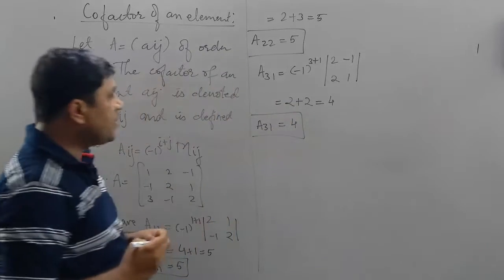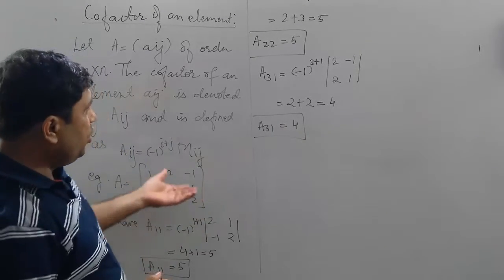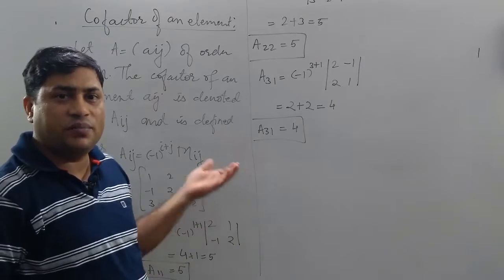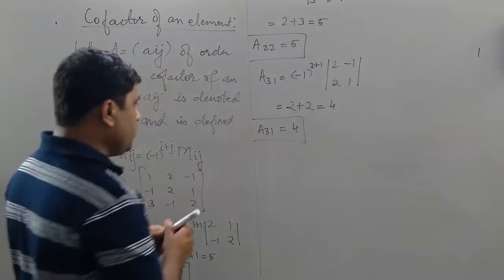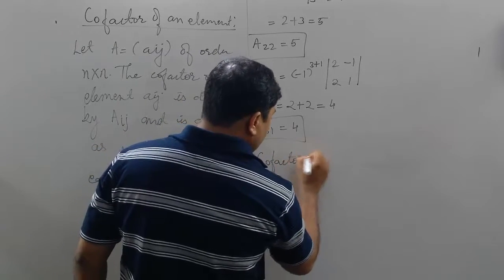This way we can calculate the cofactors of an element, and now if I collect all these cofactors, then the matrix obtained by collecting all these cofactors is going to be a cofactor matrix. So, we can define a cofactor matrix.